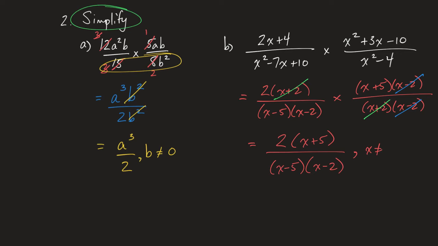I want you to notice that, yes, I could expand the top and I could expand the bottom. So I could end up writing 2x plus 10 over x squared minus 7x plus 10. However, I want you to notice that that blue form isn't any more useful. Like if I asked you to go and do something with the blue, wouldn't you just have to refactor it anyway?